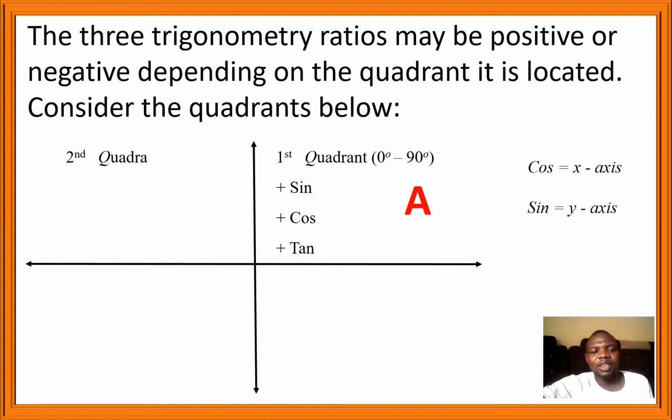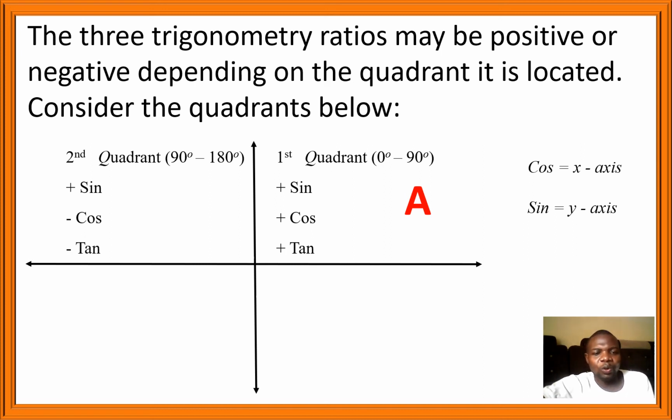Then in the second quadrant, where angles lie between 90 degrees and 180 degrees, the sine is positive, since we have positive y-axis. But since we have negative x-axis, that means the cos will be negative, and the tan should also be negative.